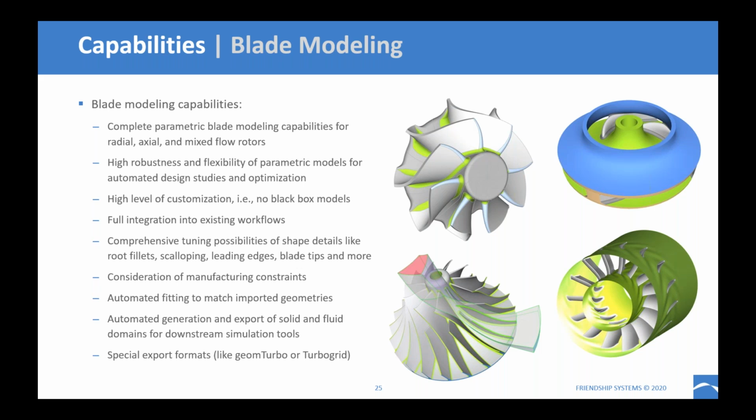Of course, we can include manufacturing constraints if you have certain manufacturing methods like certain milling methods, flank milling, or versus other milling methods, or you have casting, at least in part. You can include all of these considerations into the parametrization to make sure that your geometry works with that manufacturing method.